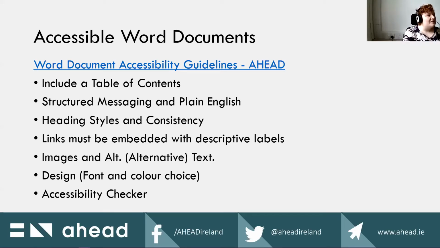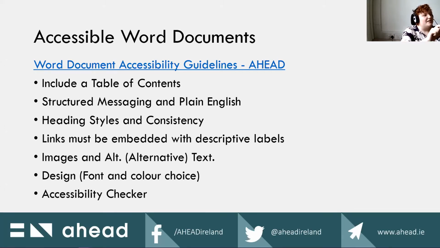Images and alt text, again, Jess will go into this in more detail, but if you have images, it's vital that you add alternative text to them, even in a document, so that people using screen readers or people with visual impairments can understand what you're illustrating and can access the document as well as anyone else can.